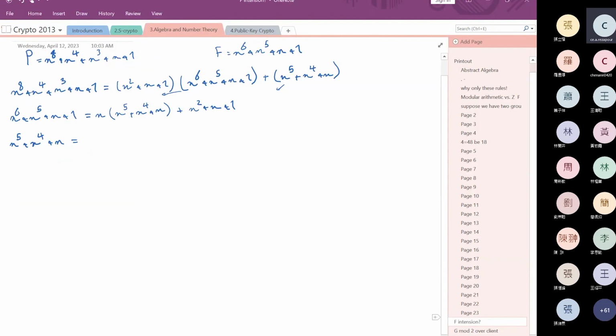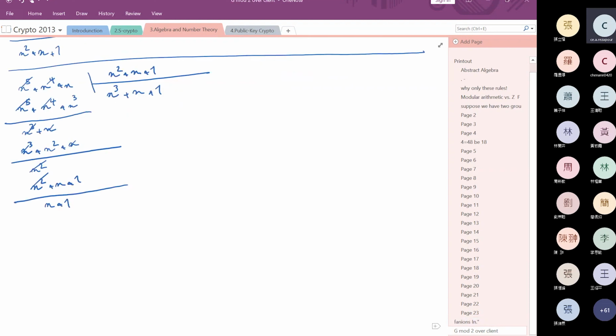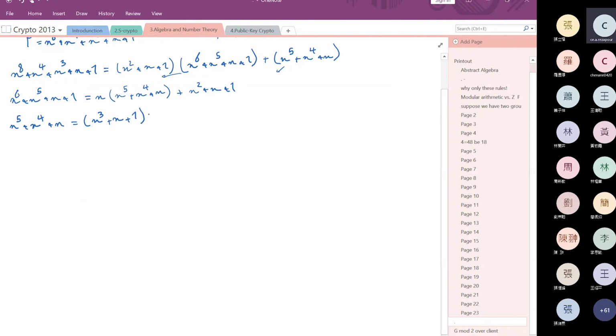So I go up and I can rewrite that equation as x3 plus 1 multiplied by x2 plus x plus 1 plus the remainder, which was x plus 1. And then I continue again, since I haven't got the remainder 0. So I continue with x2 plus x plus 1 with respect to x plus 1.